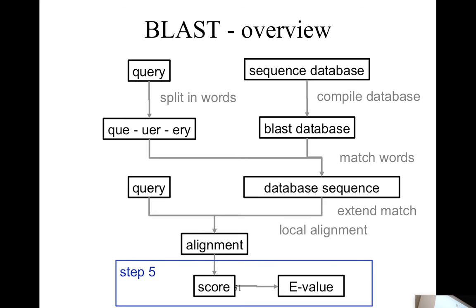Just having a positive score and a small local match doesn't necessarily mean that evolutionarily these two proteins are really related or that they have the same function. Having a score that's positive, or maybe above 10, is not necessarily significant in terms of biology. So we need to see how likely it is that if we align two completely random sequences, we get a similar score.